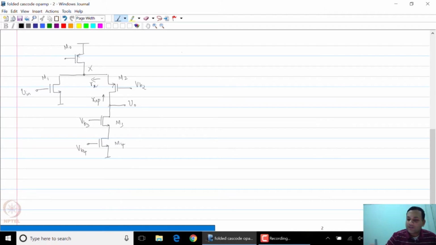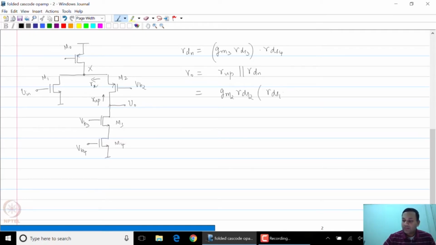Now if you use this current source, R down will be equal to gm3 rds3 times rds4, and therefore your overall output resistance, which is R up parallel R down, will become equal to gm2 rds2 times (rds1 parallel rds0) in parallel with gm3 rds3 times rds4.